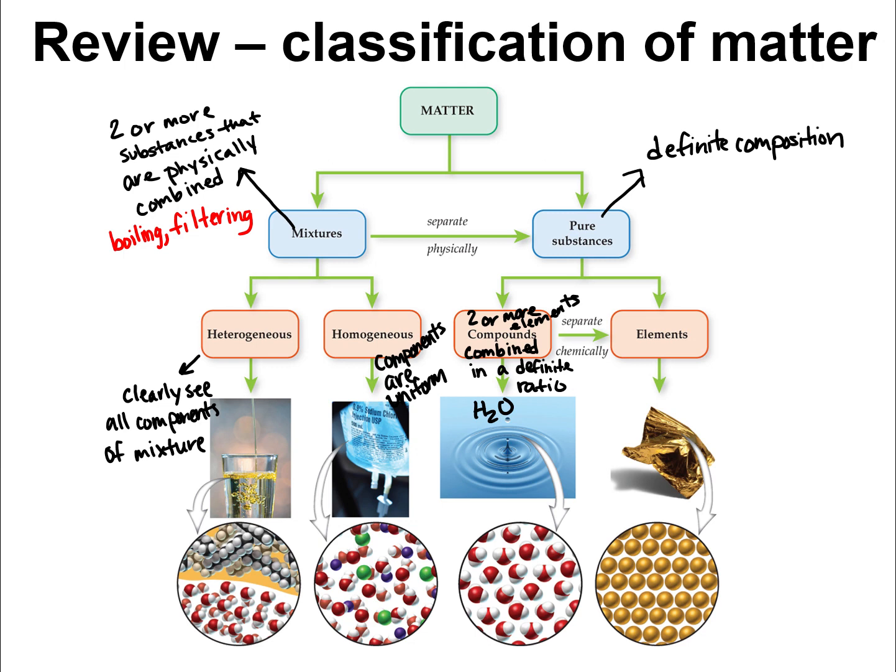Compounds also cannot be physically separated. If you boil water, then you just don't have water anymore. You're not breaking apart the water only using physical means. You have to chemically separate the hydrogen and the oxygen. And if you do that, you get elements. Can't break down any further than an element, at least by chemical means.